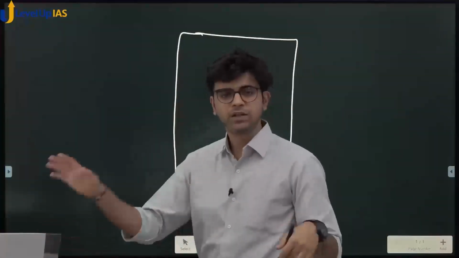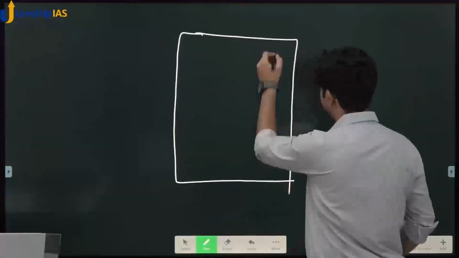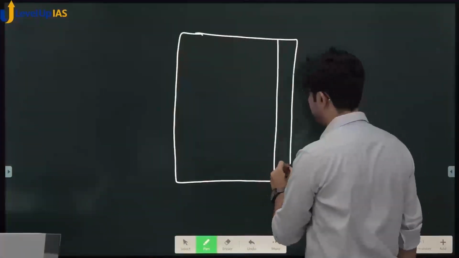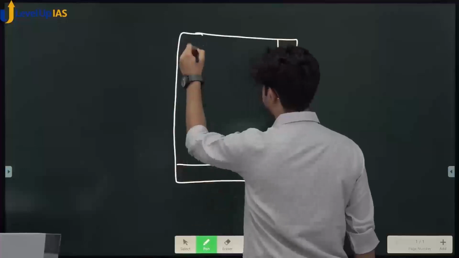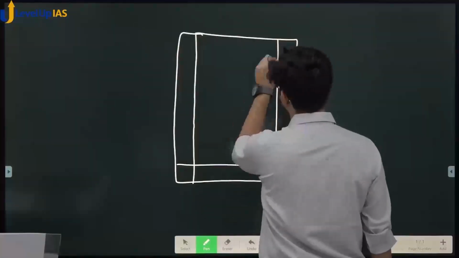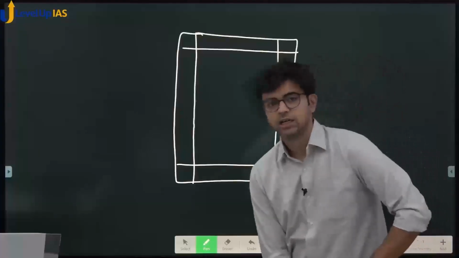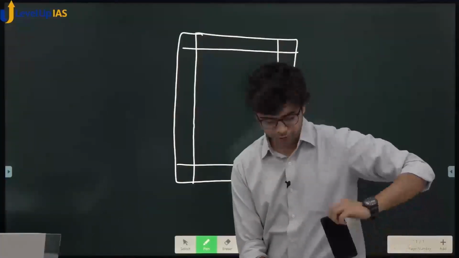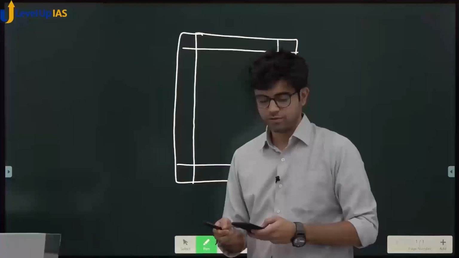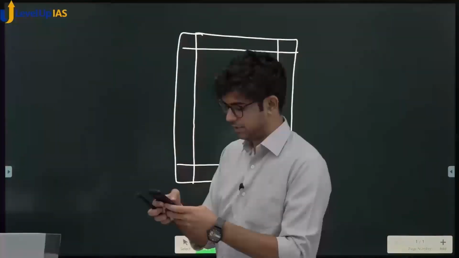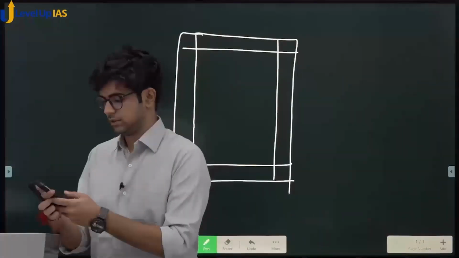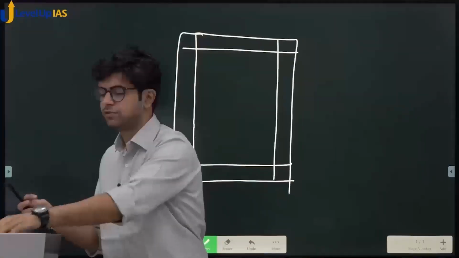They are blank pages with borders. So they will be like this. They will have borders, you know. So this is a typical UPSC answer key. I will show you the answer key also, don't worry.